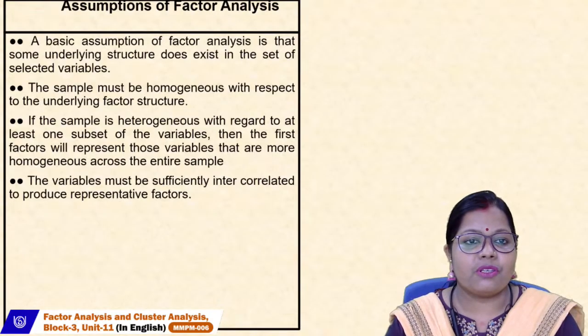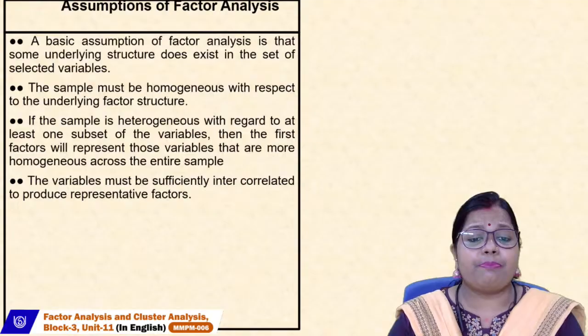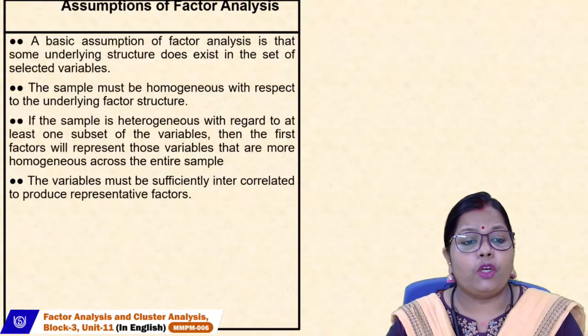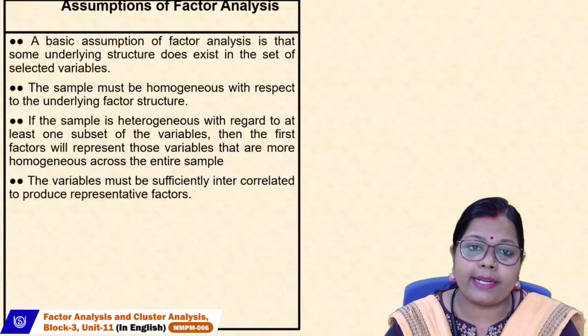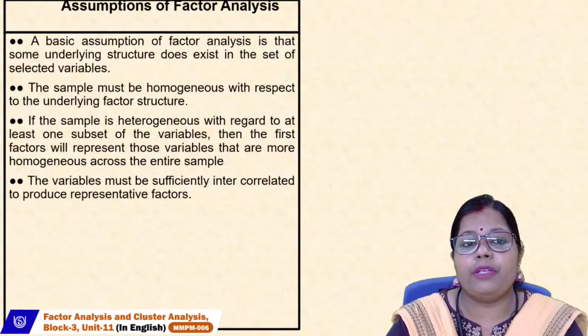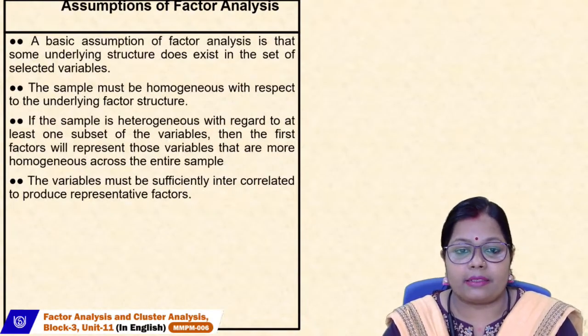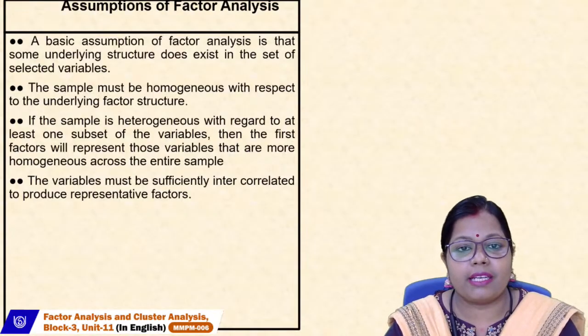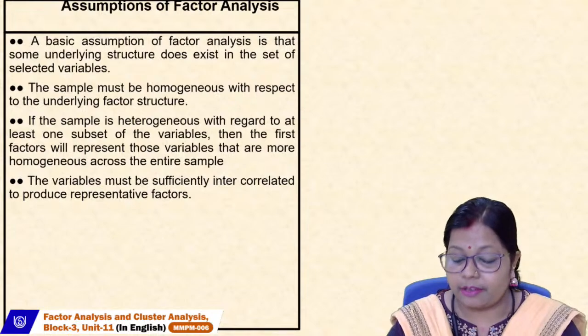And the fourth assumption of factor analysis is that the variables must be sufficiently intercorrelated to produce representative factors. As we said, only if some variables are correlated will we keep them under one factor. If the correlation is very low, we should not keep them. Sometimes we ignore these variables' values.